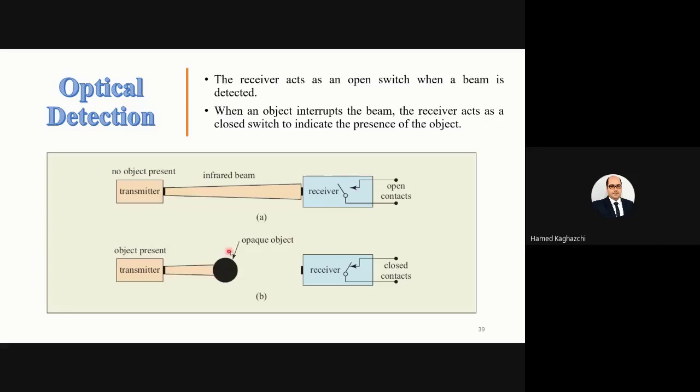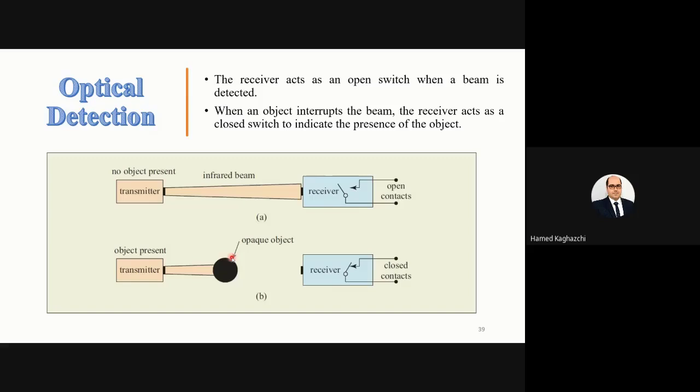Now, when an object interrupts the beam, the receiver does not detect any light energy, so it produces a signal for the system that there is an object. It performs like a closed switch. This kind of sensor determines the presence of the object.